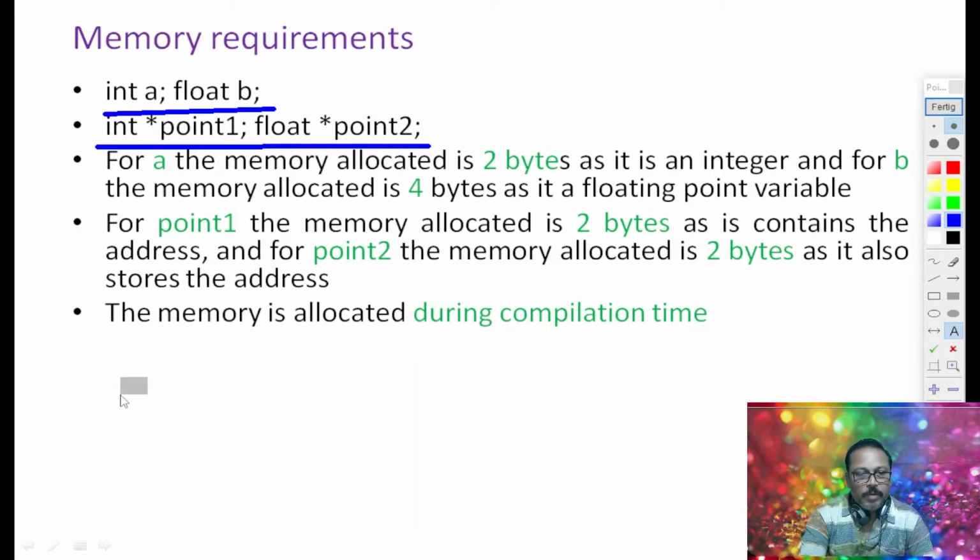You have a pointer which points to some other data type. Here we are discussing the amount of memory allocated to the pointer itself. We are not discussing the memory allocated to the variable it points to, so don't get confused. That is different.